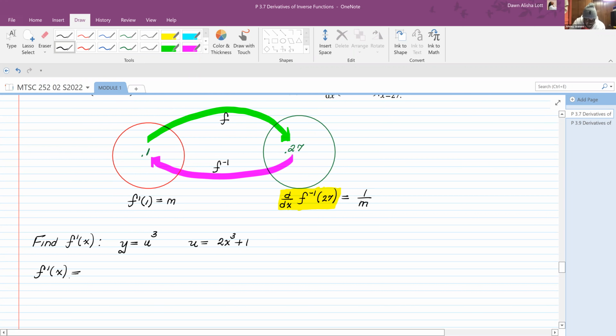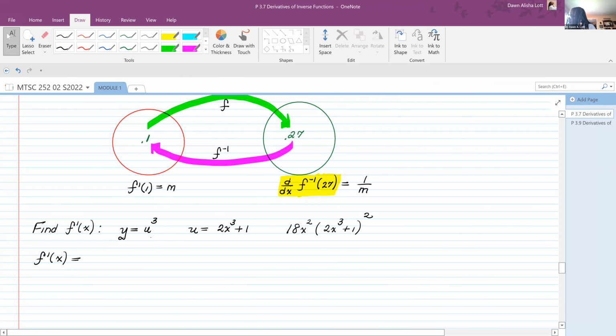Is it 18x squared, parenthesis 2x to the third plus 1? Almost, that sounds good. Say that again. You said 18x squared, parenthesis 2x to the third plus 1 squared. I think that's correct.